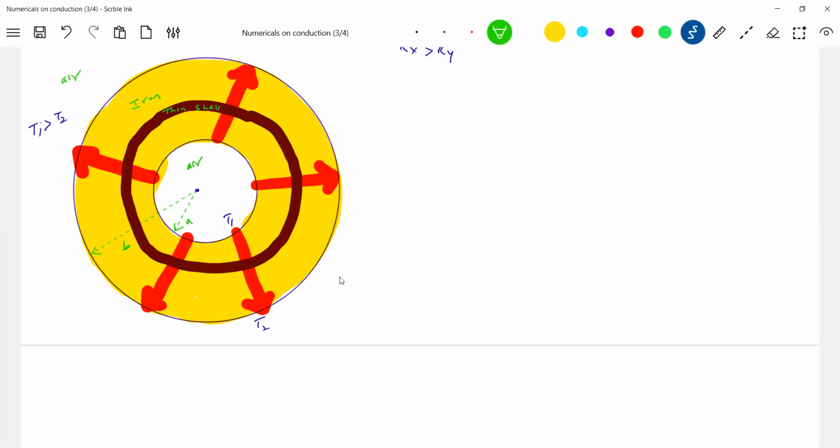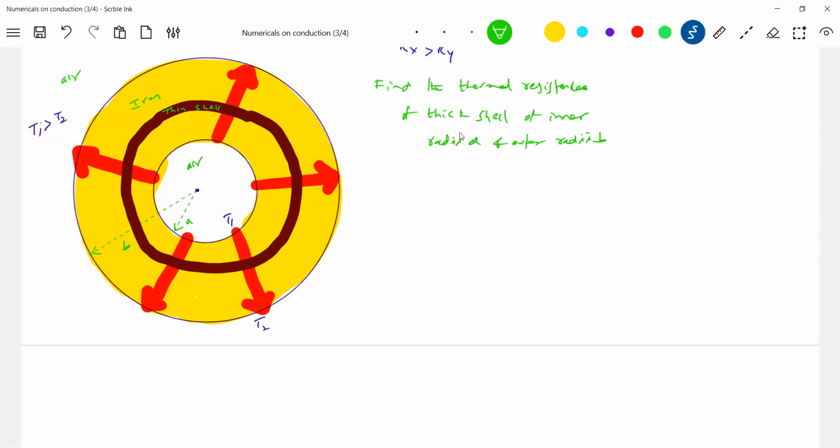So this is a thick shell. So what is the question? Let me write here. Find the thermal resistance of a thick shell of inner radius A and outer radius B. Okay, fine.